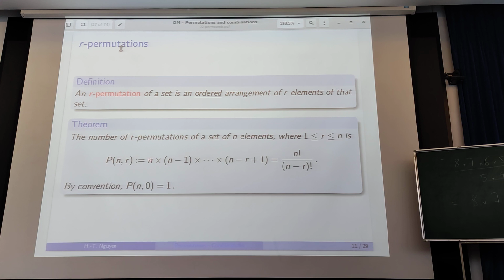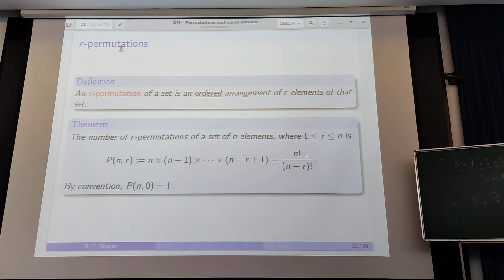We consider the number of choices for each place. For the first place, you have n choices, and once you have fixed the first element, there are n-1 choices left, and so on. Okay, so at the r-th place, we have n-r+1 choices left, and we take the product of all of them. We use the product rule here, and we get this number.